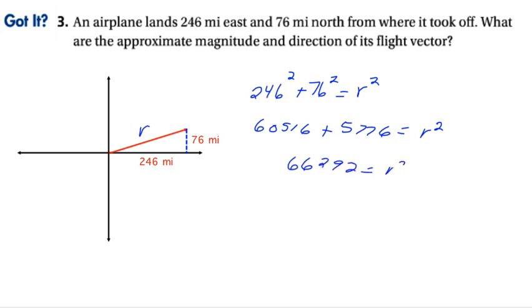And that's equal to r squared, but now we need to take the square root of both sides, right? To get rid of the squared, these cancel, and I'm just left with r equal to the square root of that answer. Yeah, that's 257.5. If I've done my calculations correctly.